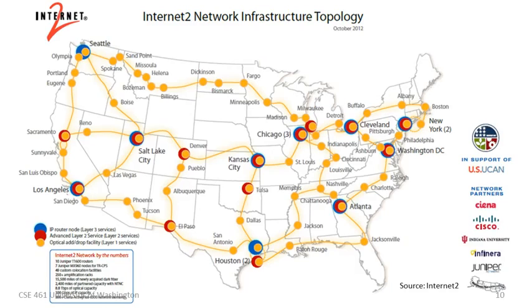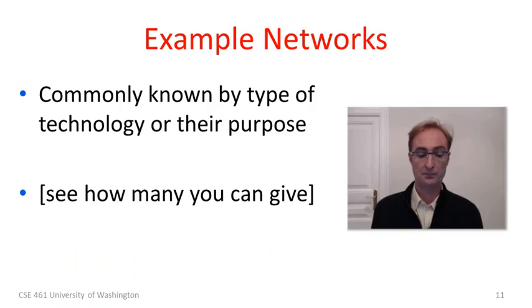The circles here, and there are a couple of dozen of them, show various kinds of nodes in the network. The lines are the links, connected by fiber optic cables, and there are literally terabits per second of capacity in this network. So it's a very high-speed network made up of lots of different equipment, but it still fits with our model. There are many other kinds of example networks with which you are probably familiar.